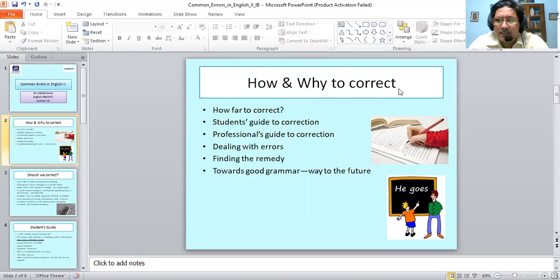There shall be a student's guide to correction as well as a professional's guide to correction. I shall also talk briefly about dealing with errors, finding the remedy, and I shall also attempt to sketch in or to indicate the way to the future or towards good grammar. So let us begin by looking at the hows and whys of correcting.